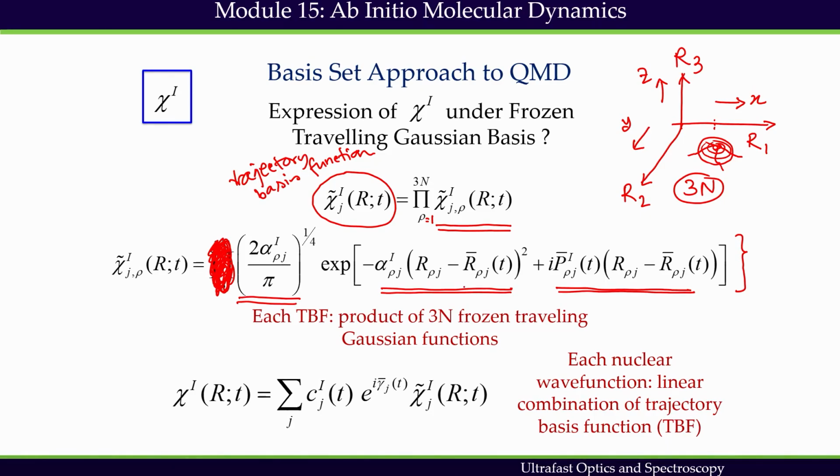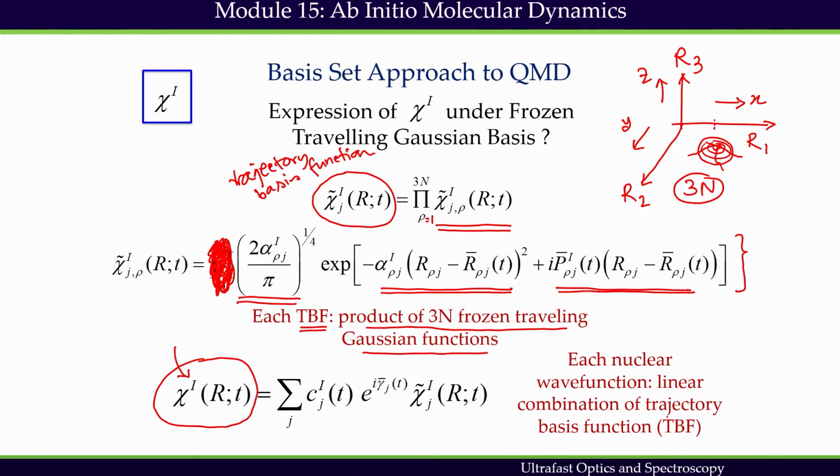So what we have here is that I am forming the trajectory basis function by the product of 3n frozen travelling Gaussian functions, and then I have to finally represent the nuclear wave function for a particular electronic state, the ith state. That nuclear wave function can be represented as a summation of many such trajectory basis functions.